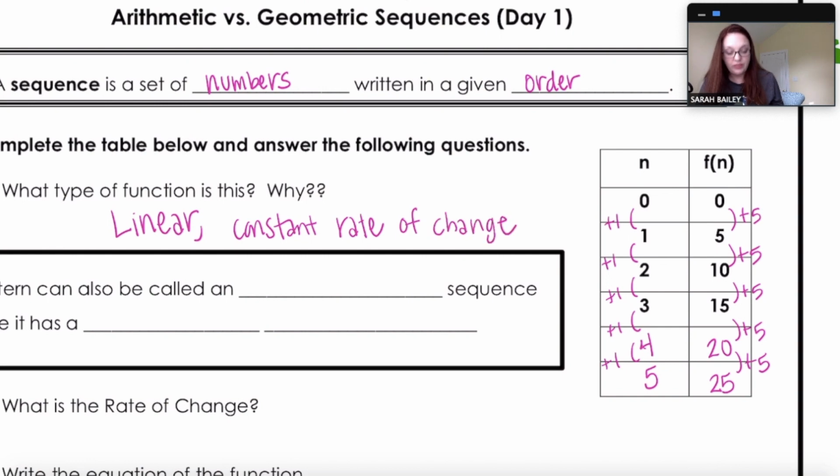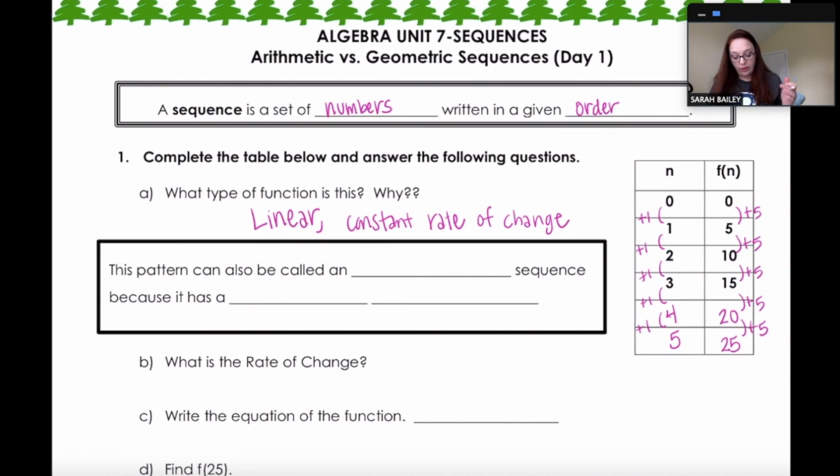We could also test it out and graph those ordered pairs and see what the graph looks like. And the graph would be linear. It would make a straight line. So it's a linear function. This pattern can also be called a blank sequence.